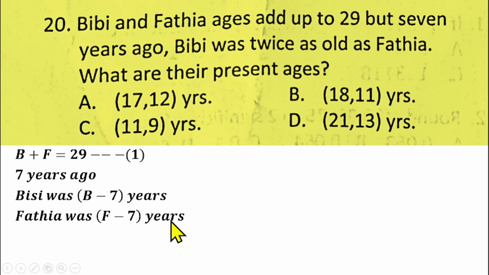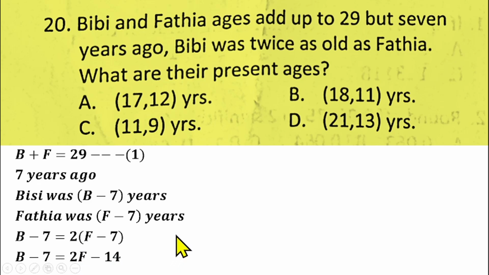Then we are told that 7 years ago, BB was twice as old as Fathia. So the age of BB 7 years ago is equal to 2 times the age of Fathia 7 years ago. If you open the bracket, you'll be having B minus 7 equals 2F minus 14.